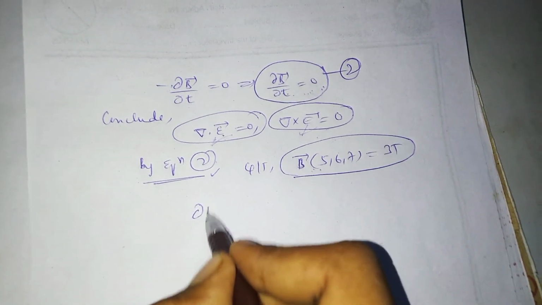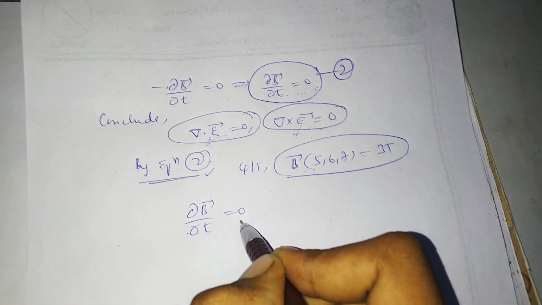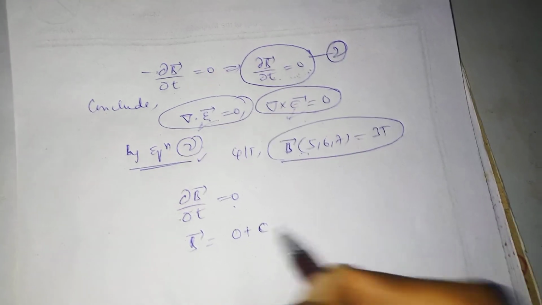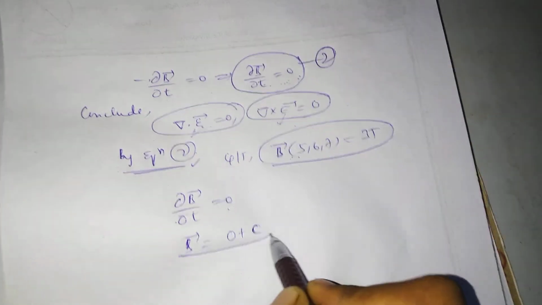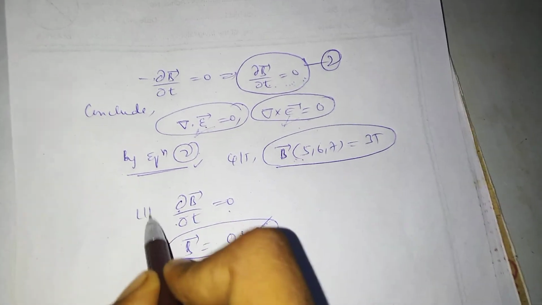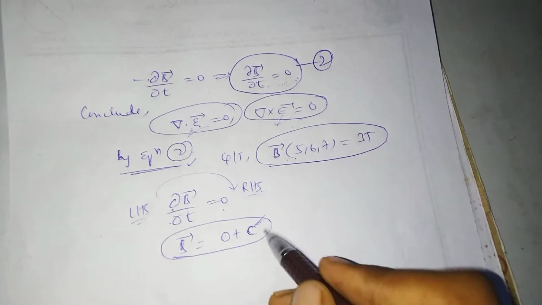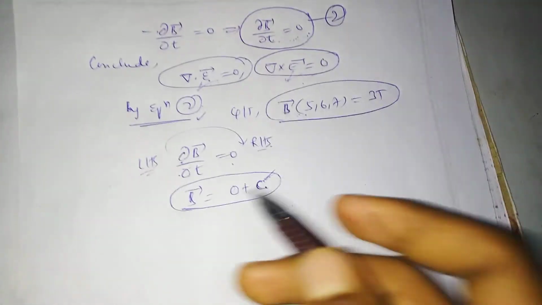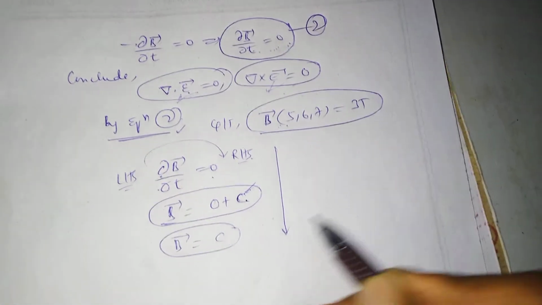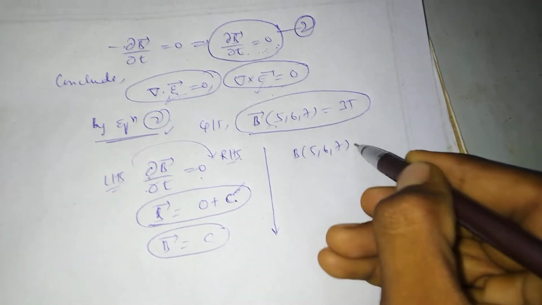So for that one we get the derivative equal to 0. The differentiation on this side goes to integration on the other side, simply 0 plus a constant c. We simply take a constant for the integration. The differentiation on the LHS goes to the RHS as an integration, and we get some constant, denoted as c. So B equals c, right? But what are they given in the question? B at 5, 6, 7 equals 3t, right?